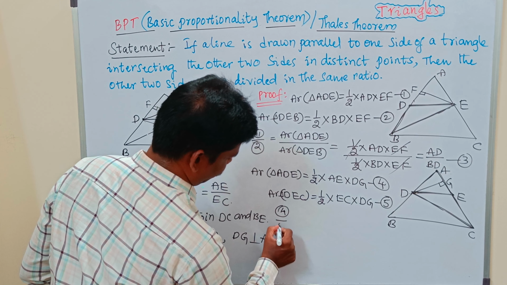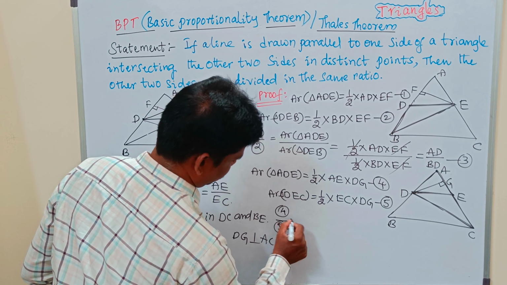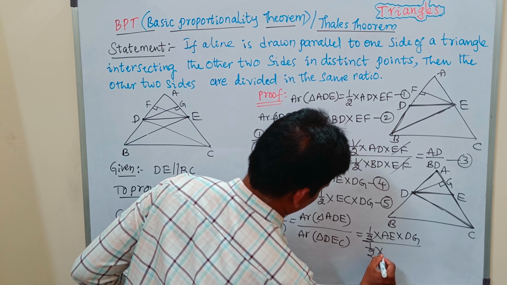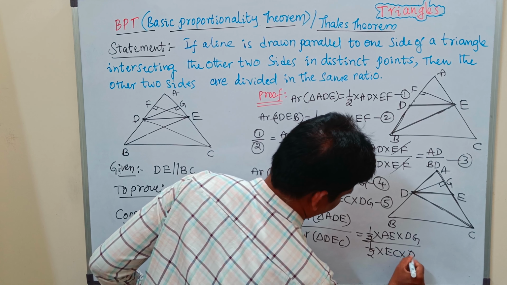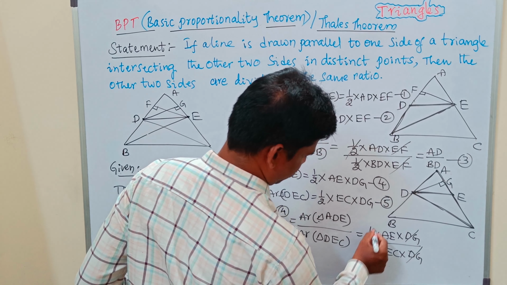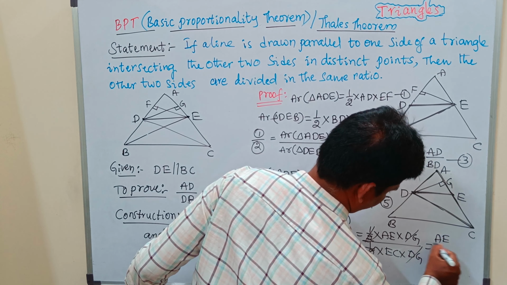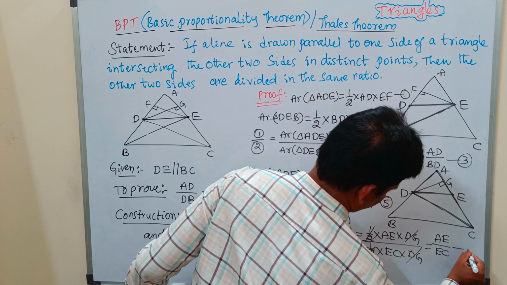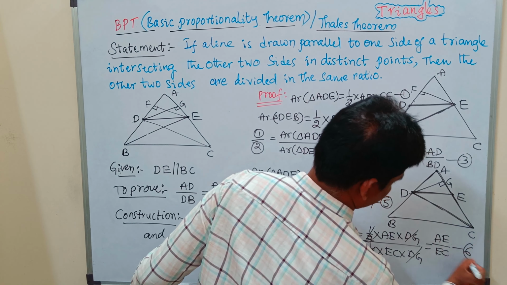So 4 divided by 5, that is equal to area of triangle ADE by area of triangle DEC is equal to half into AE into DC by half into EC into DC. So DC cancels, half cancels, AE by EC. This is equation number 6.